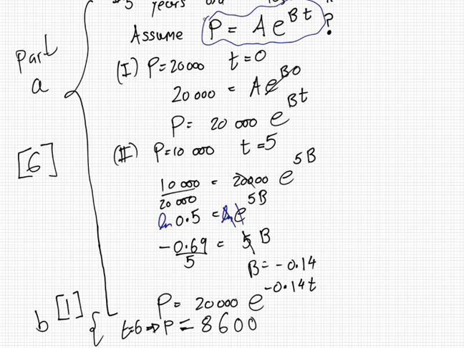The bigger the B is, the quicker the price would drop. So the B controls the rate of change. If it's bigger, it'll be a quicker change. And the A is actually like the intercept, isn't it? Because it's the value at the beginning where it crosses the y-axis. So it's not like the equation of the line, but you can draw some comparisons.